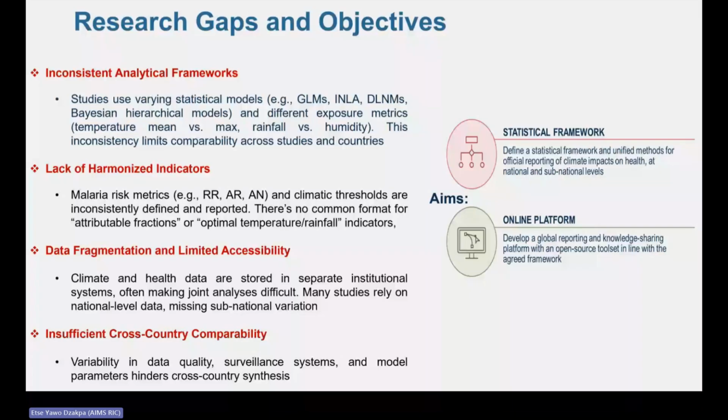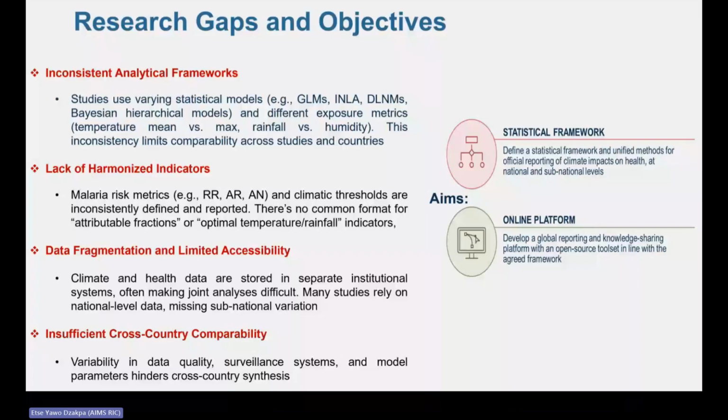So the main goal of our study is to come up with a standardized framework and methodology that can be used in every country, so that we can have comparable statistics. The second gap we identify is that people discuss climate impact, but we don't have a clear metric to measure or report those impacts.